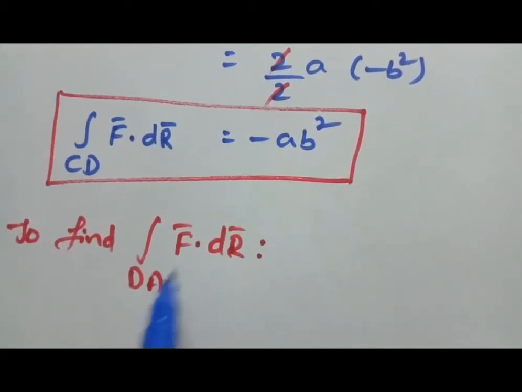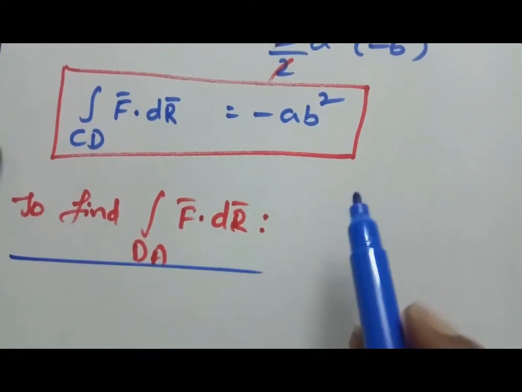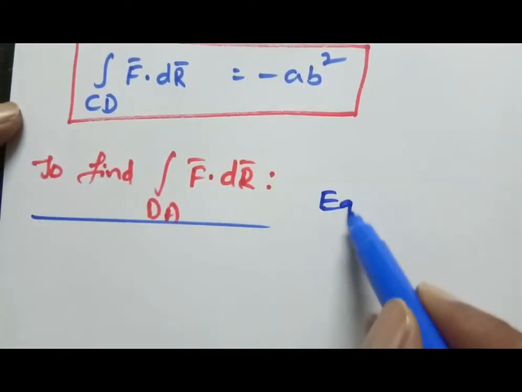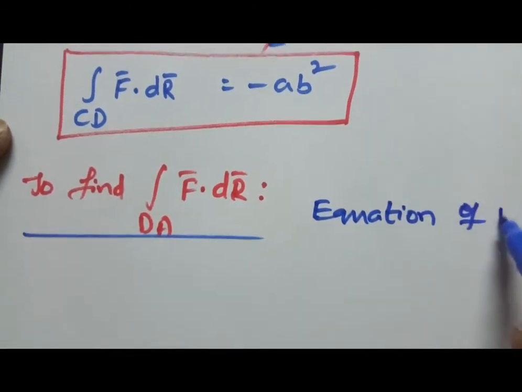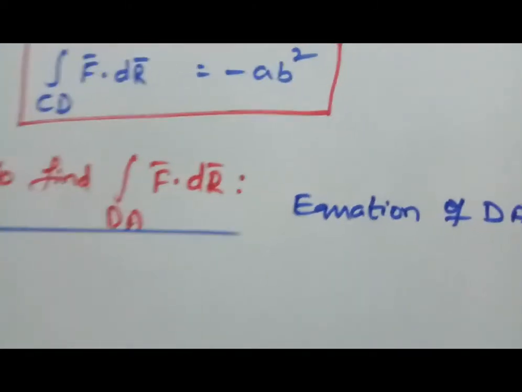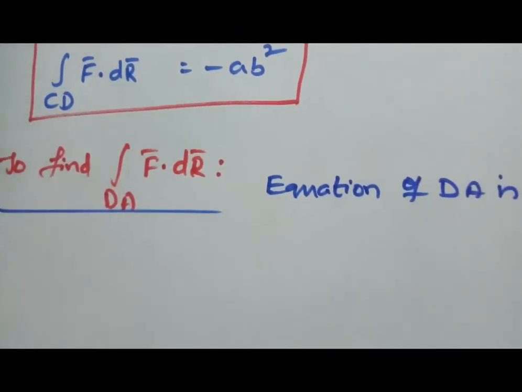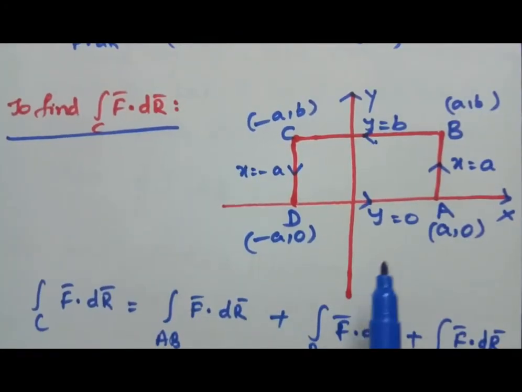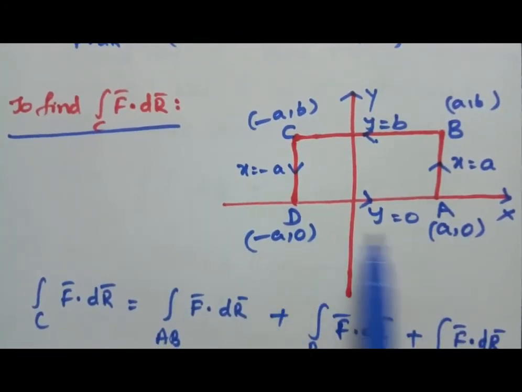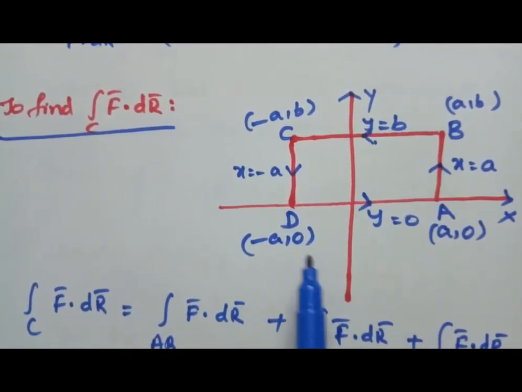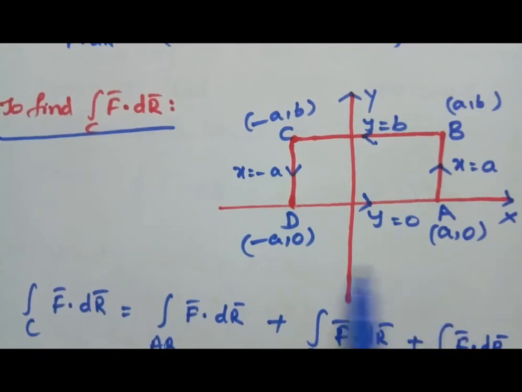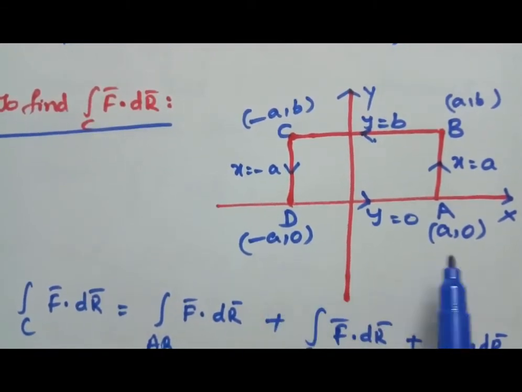Now the equation of DA is y is equal to 0 and x varies from minus a to plus a.